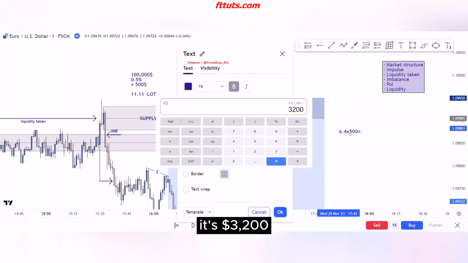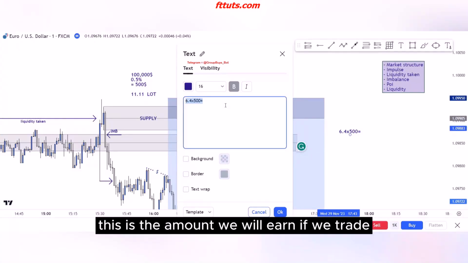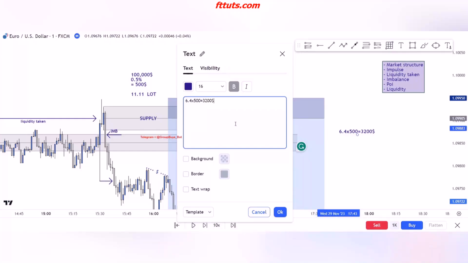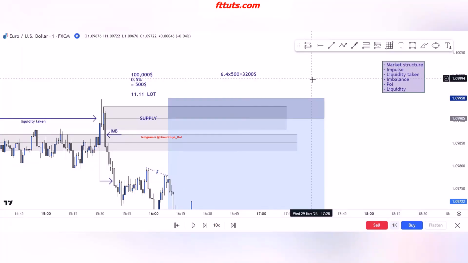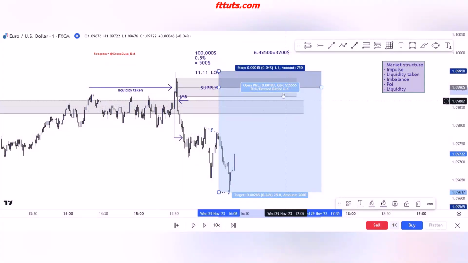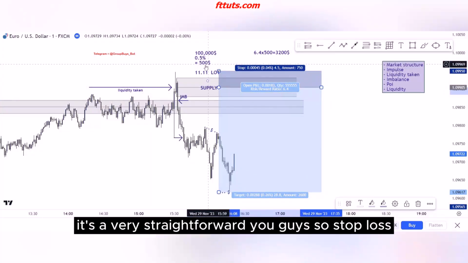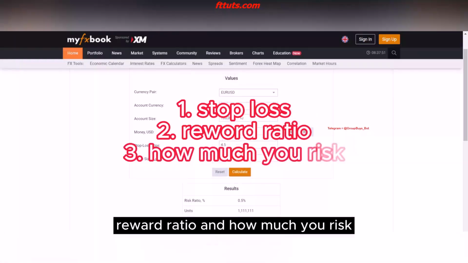It's $3,200. This is the amount we will earn if we trade and we risk 0.5% of our balance. It's very straightforward, you guys. So: stop loss, reward ratio, and how much you risk.